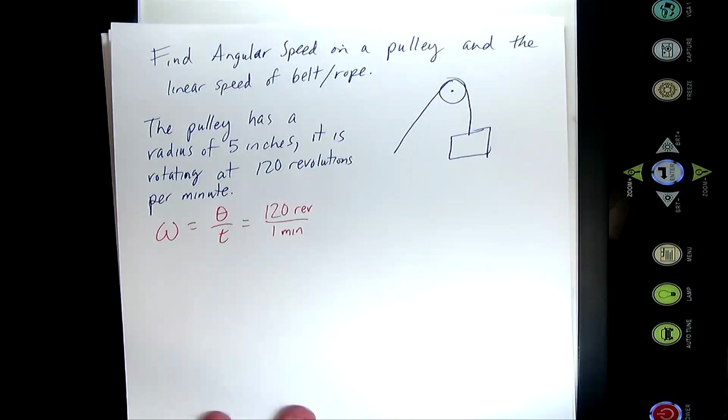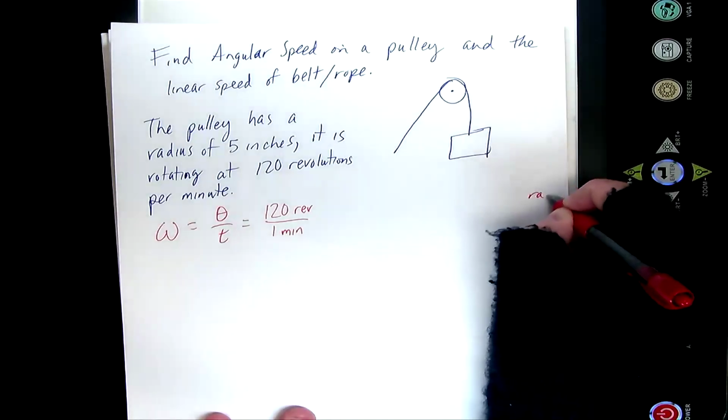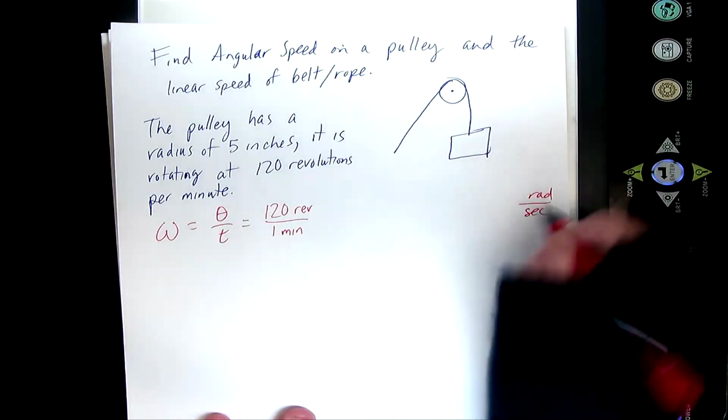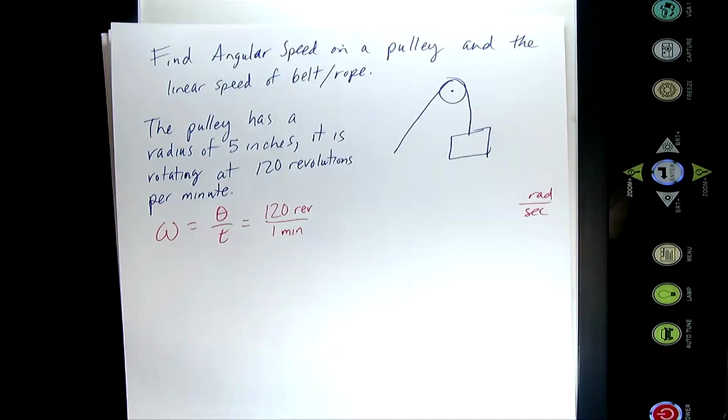And I don't want revolutions per minute, I want to end up with radians per second. So I need to get rid of revolutions and I need to get rid of minutes, right?